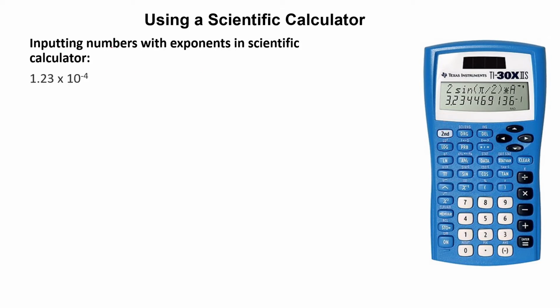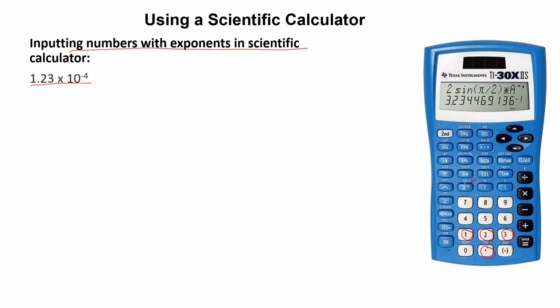Let's see how to input numbers with exponents in a scientific calculator. The number given is 1.23 times 10 to the negative 4, and I will enter the numbers in this order. 1.23. For the exponent, I'm going to use this second function. Remember that some of the keys have a second function.